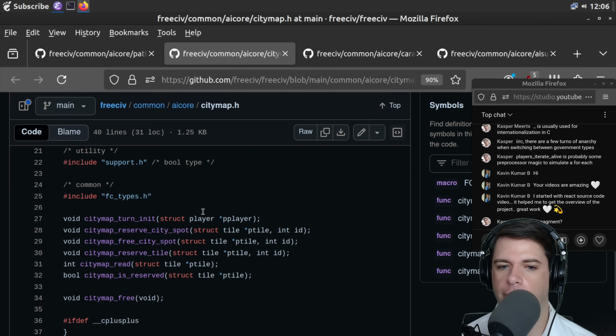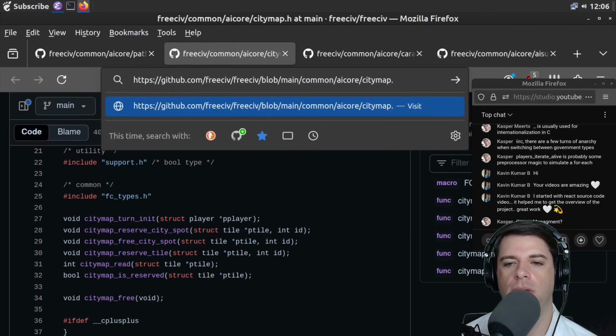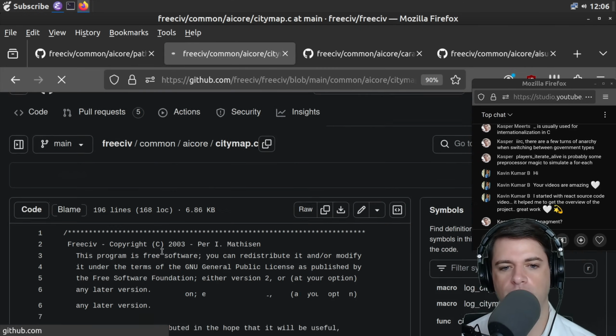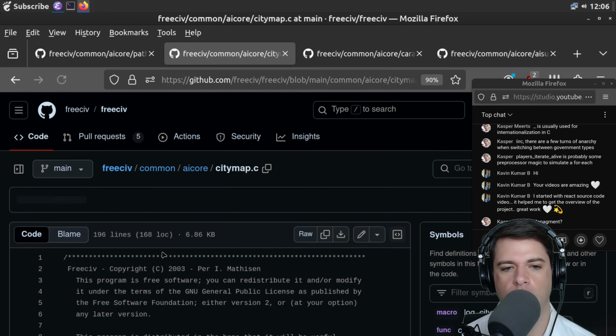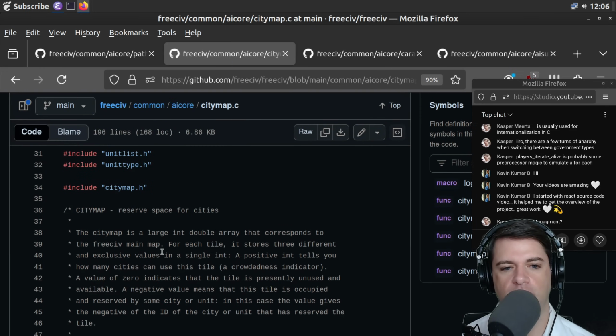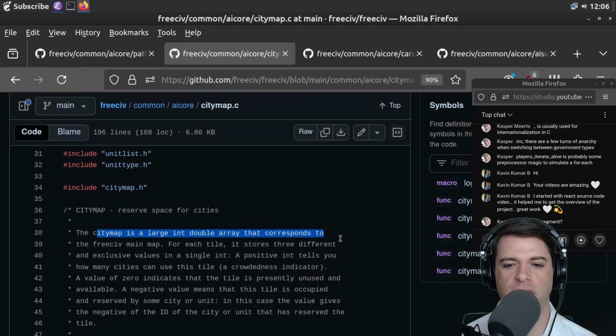Okay, and then city map is something about a city map. Maybe this is the AI's map of the city, like their internal representation. We have a comment here in the C file again. City map, reserve space for city. The city map is a large int double array that corresponds to the Freeciv main map.